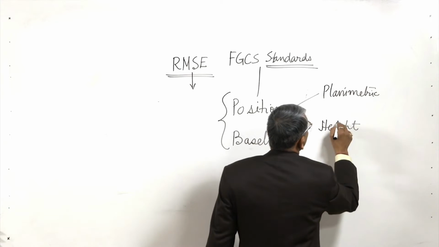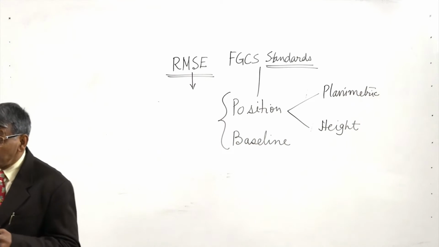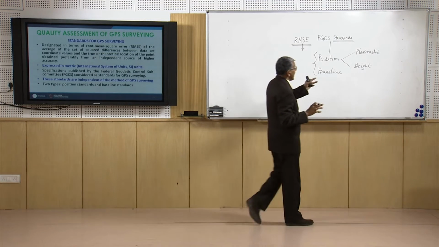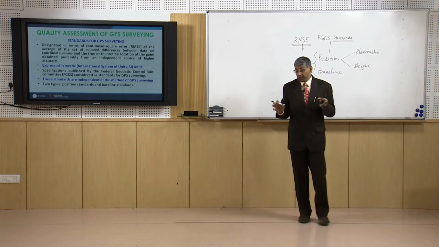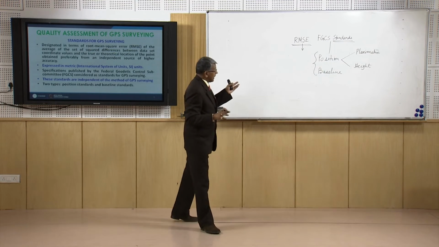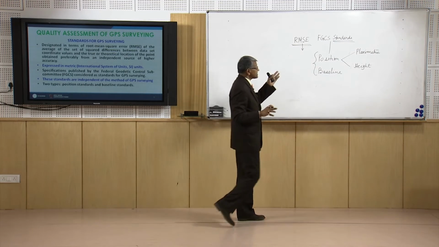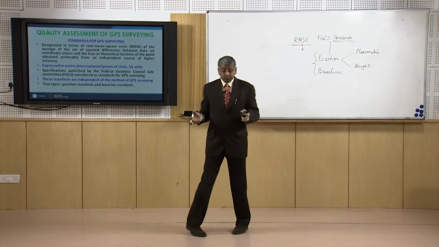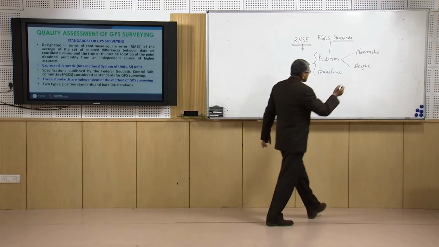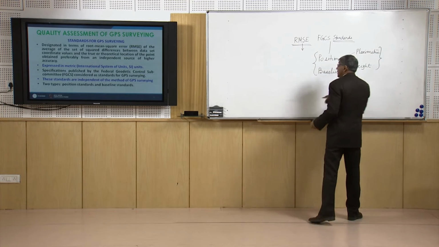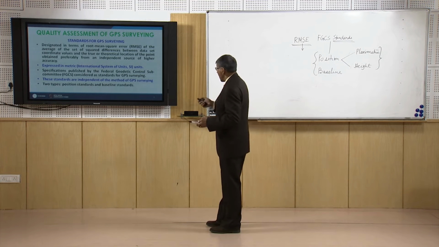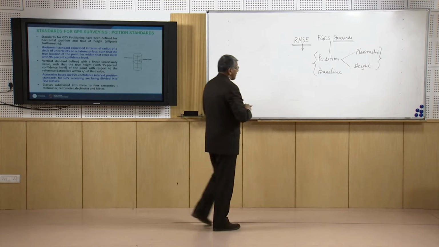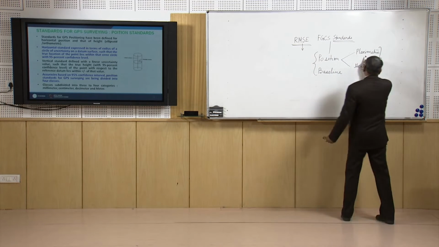So, actually through GPS generally we get less accuracy in height than planimetric. So, the planimetric and height standards are to be defined differently. However, for both these the actual standard definition is same, but the amount may be varying depending upon your project requirements.